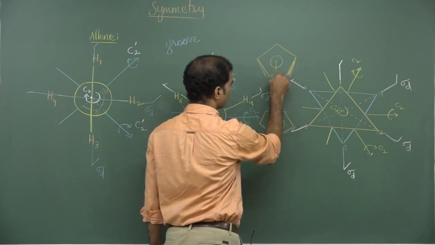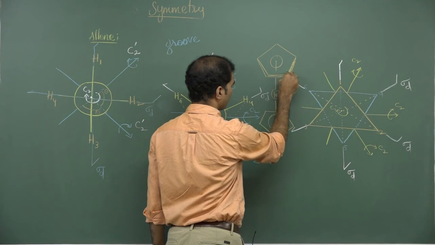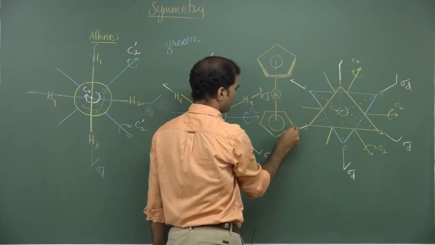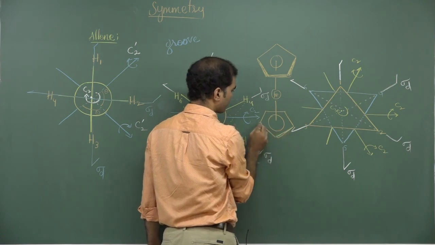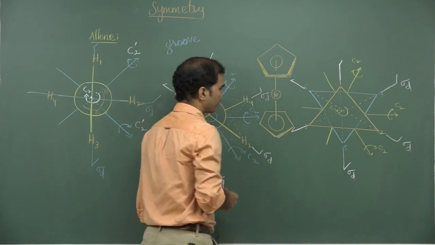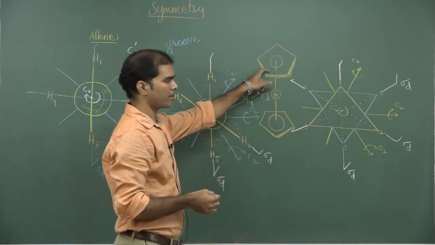In the above cyclopentadienyl ring, the edge is towards you, whereas in the below ring, the corner is towards you. So this is a staggered ferrocene.